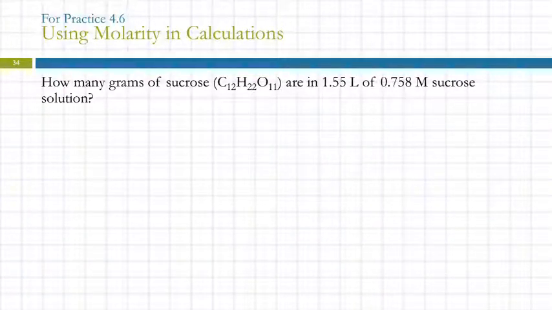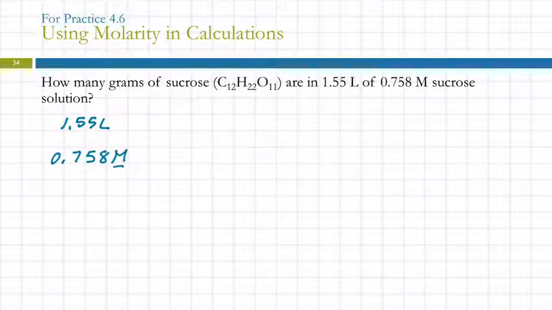So how many grams of sucrose are in 1.55 liters of 0.758 molar sucrose solution? So again, let's pull the numbers out. We got 1.55 liters, and I've got 0.758 capital M. The capital M is very concise when you're typing, but it's easy to get confused about what it means when you're writing with your hand.